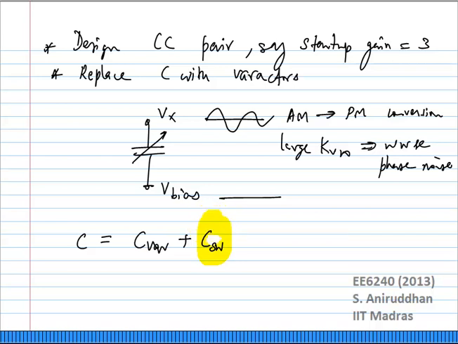The first half is the variable capacitance. This is usually a much smaller part. In other words, let us say KVCO was a much smaller value. So even if the supply voltage is 1 volt, you can tune only 30 to 50 megahertz, let us say. This is just a ballpark number. Different people like to use different numbers, but usually this is small. A few tens of megahertz.